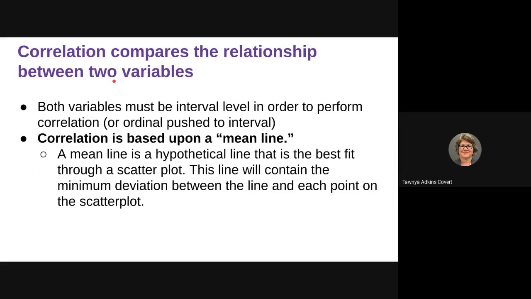Correlation compares the relationship between two variables, and both variables must be interval ratio level in order to perform correlation. Now, sometimes we take ordinal level data, particularly if we have Likert scale data, something like strongly agree to strongly disagree, or we have a range of possible ordinal responses. Typically, we have to have more than 5. Different books will tell you different things.